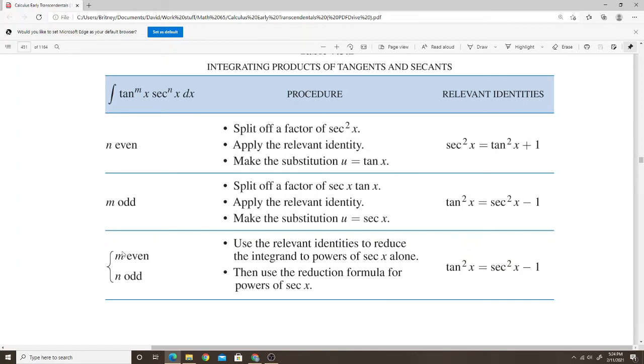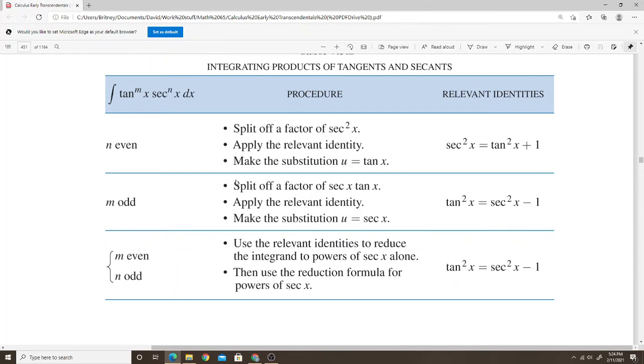So it puts us right down here. So all we can do with these is use relevant identities to reduce the integrand to powers of secant alone. So we just want to get everything in terms of secant. And the reason we can do that is because m is even, right?